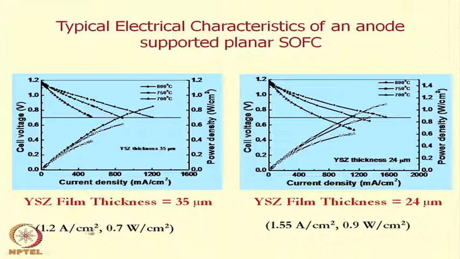If you just multiply the ampere by the voltage, you will get that. If you reduce the thickness of the electrolyte, which is a very important criterion of any fuel cell, there is a possibility of drawing higher current, 1.55 amperes at that same voltage, and you get about 0.9 watt per centimeter square. That is the current density or power density one can expect from this kind of single cell.